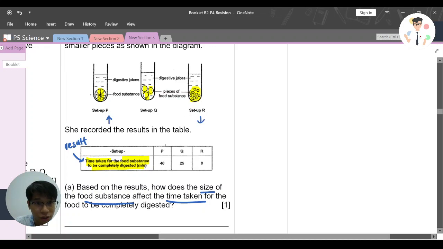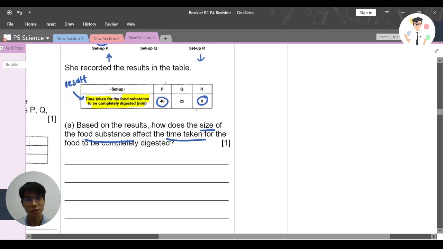When you have larger pieces, does it take more time or less time? It takes more time. Can you see? When it's smaller, it takes less time. So how are you able to answer this?